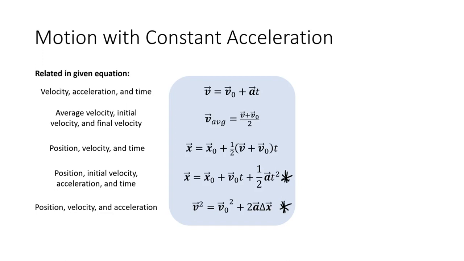And so if you are given a problem where you are not told any information about the amount of time over which these measurements are being made, then you'll want to use this equation. Because if you don't know it and you don't need to know it, then this is going to be the equation you want to use since you don't have to know the final time to use this equation.